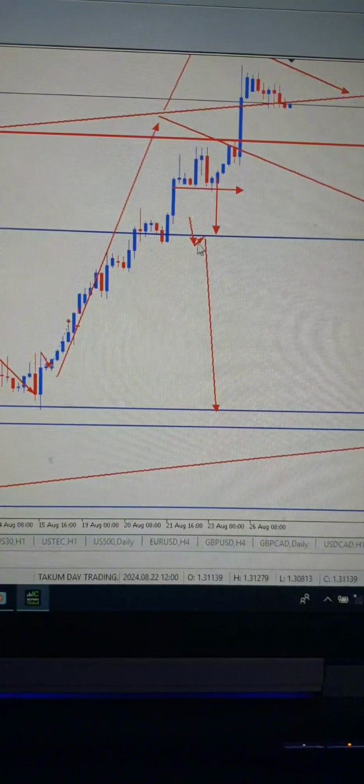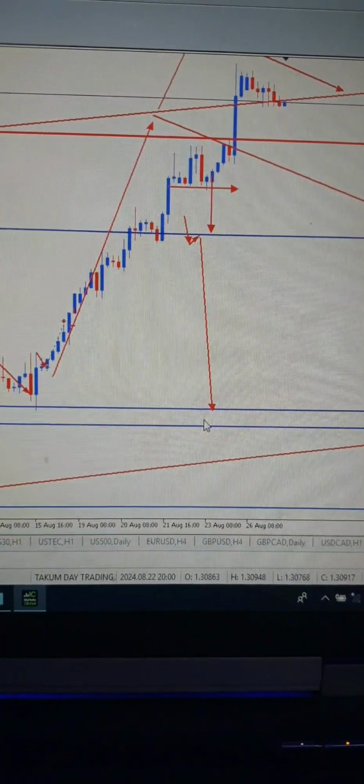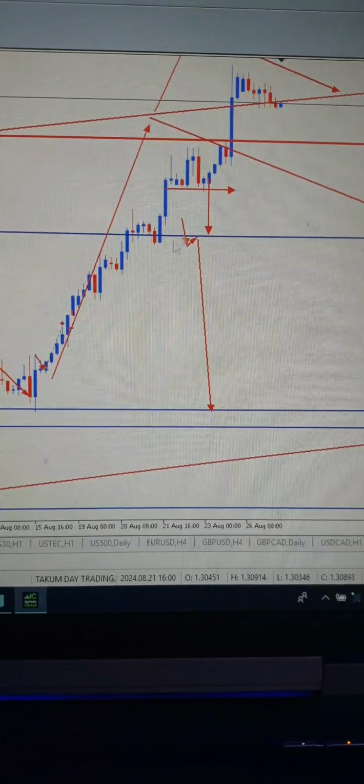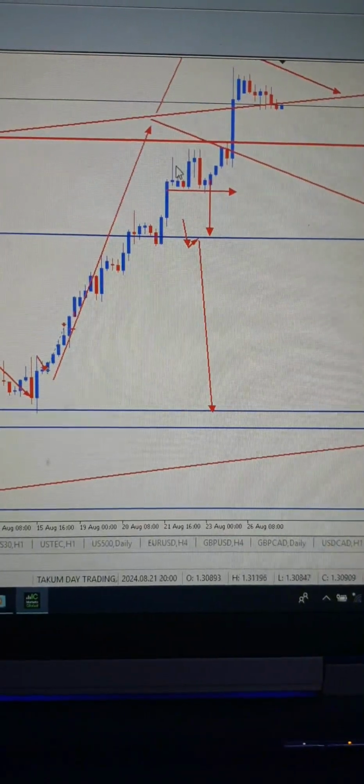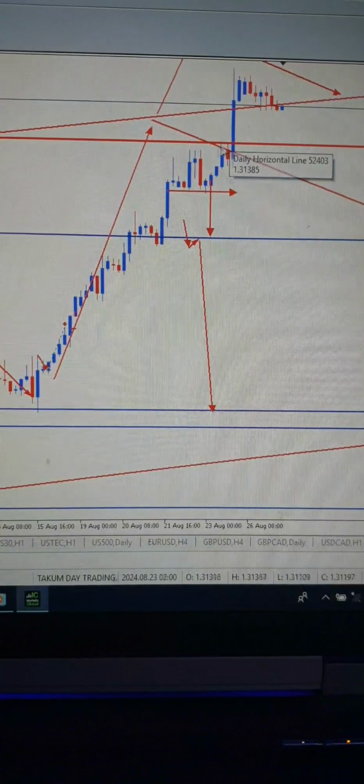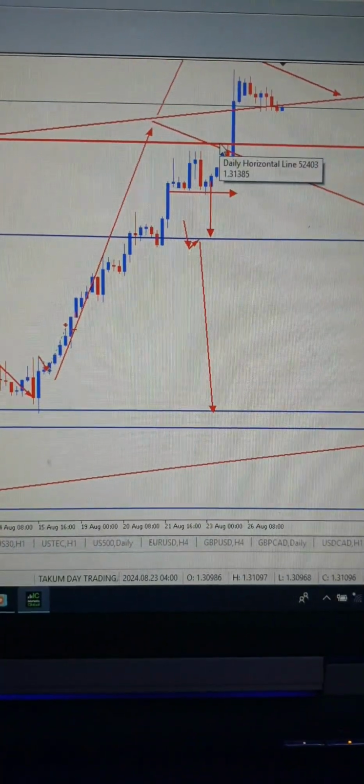That's the last kiss, like that, and goes down. But that didn't happen. If this didn't happen, I am expecting the market to go up now and move right up to my next psychological level.